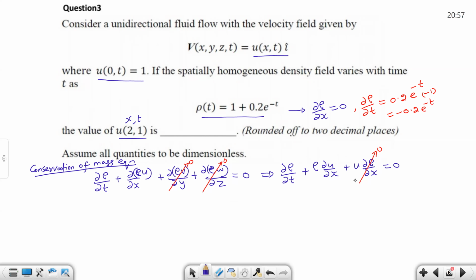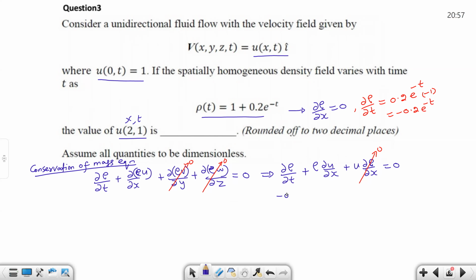So now let's substitute those. Minus 0.2 e power minus t plus ρ, where ρ is 1 plus e power minus t, into ∂u/∂x, equal to 0.